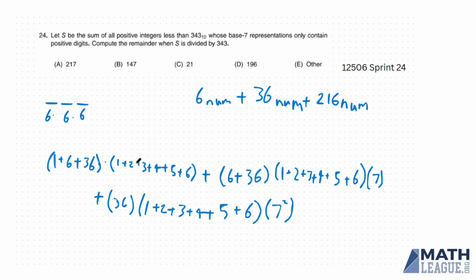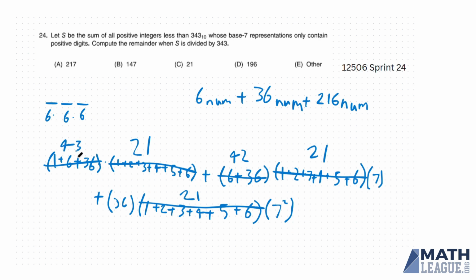Now, we know that the sum of the integers from 1 to 6 inclusive is 21, so we can write that in as 21, 21, and 21. And notice that 6 plus 36 is 42, and 1 plus 6 plus 36 is 43.